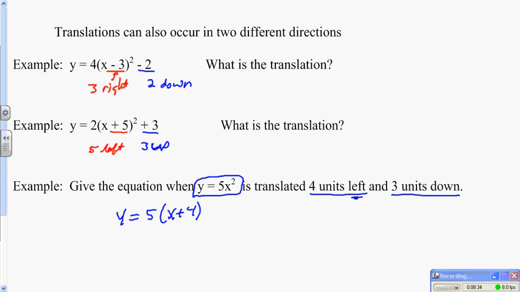We want it to go 3 units down, so we go -3. And one important thing that I forgot, the square above the parentheses. I'm going to stop it there. This ends part A, and I'll finish the next and last piece in part B.